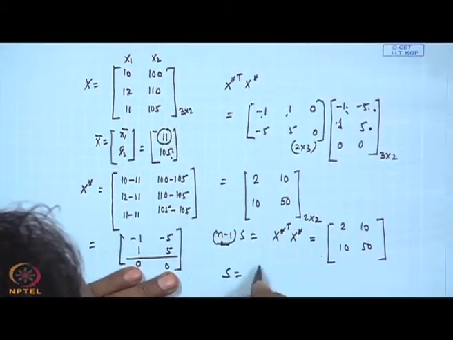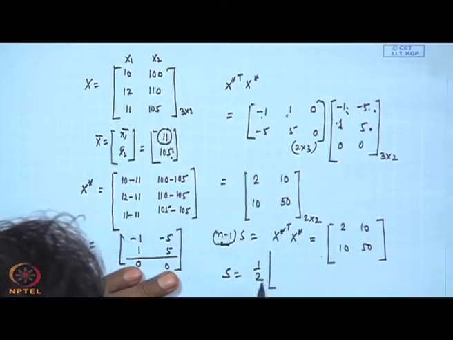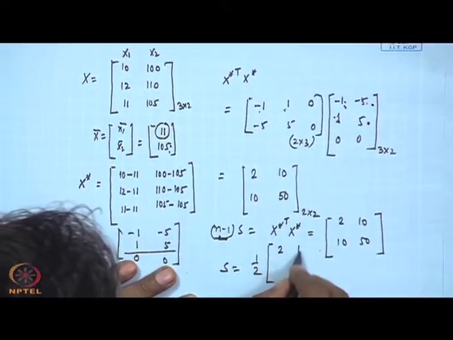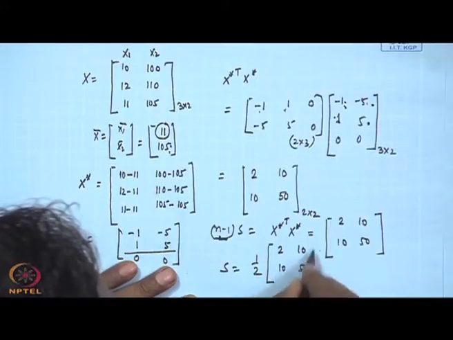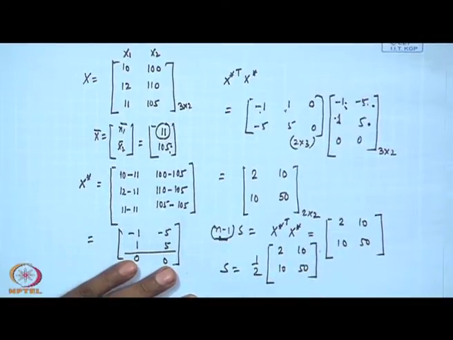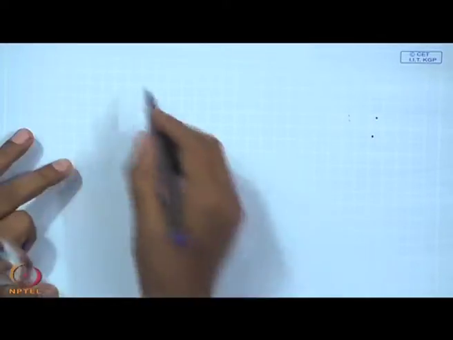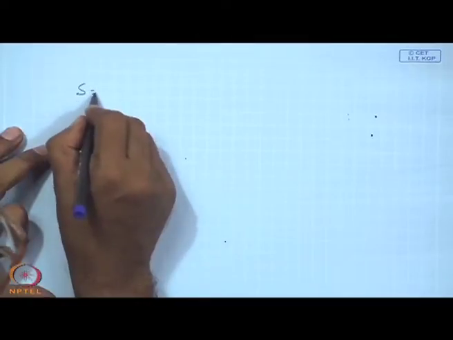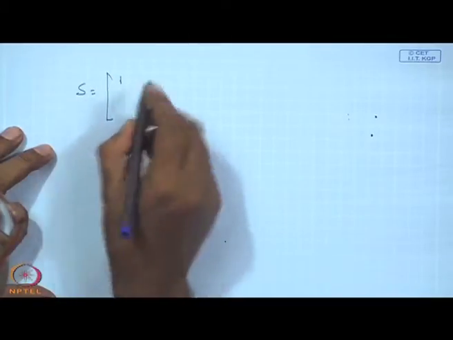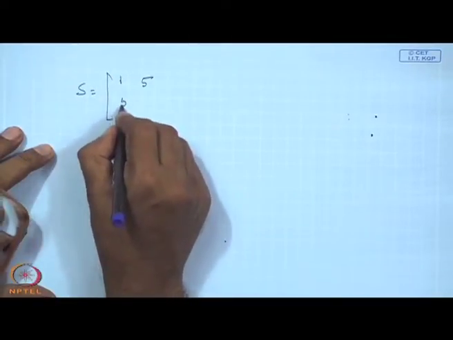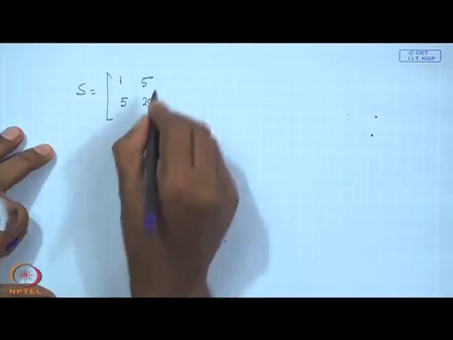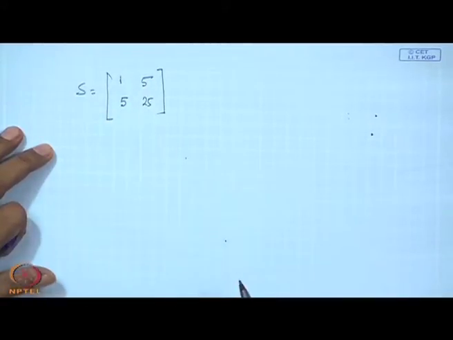So S will be 1 by 2 times 2, 10, 10, 50. Then our S is 1, 5, 5, 25.